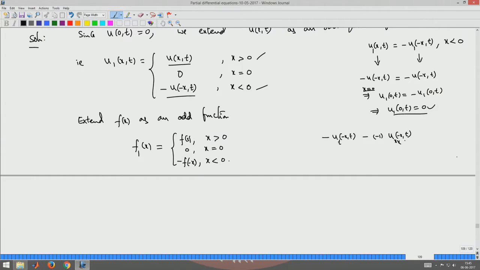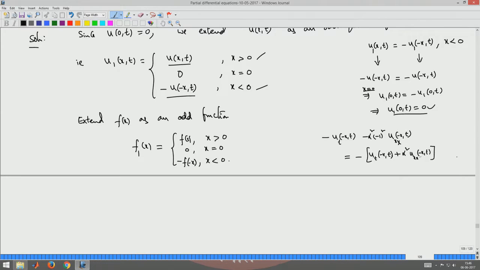If you do one more derivative with respect to x, that will be another factor of minus 1. So, you get minus is common, this will be plus. So, u_t of minus x,t minus alpha square u_xx of minus x,t, where minus is common. So, this is for x negative.